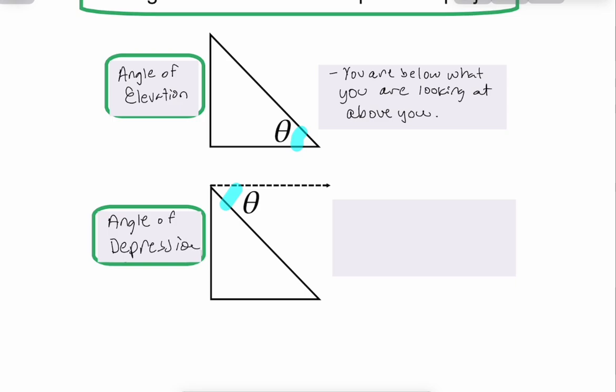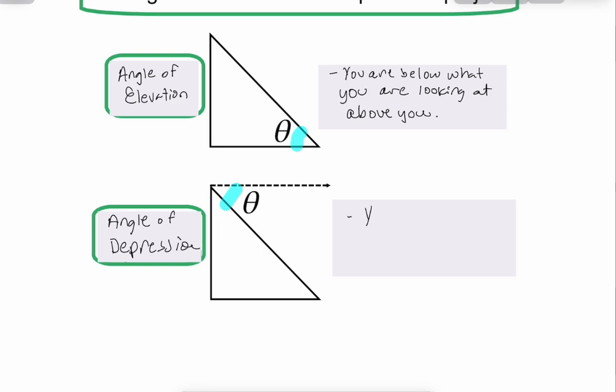In this particular case, an angle of depression is if you're standing up on a mountain. You look down to a little something you see on the ground at the bottom of the mountain. Okay, it is not in the triangle.